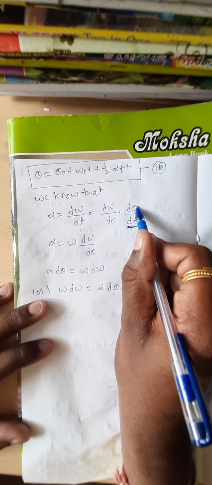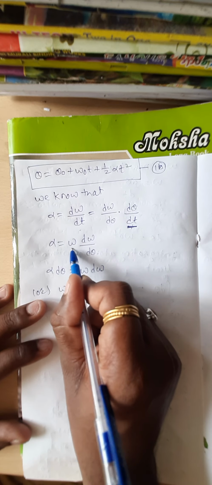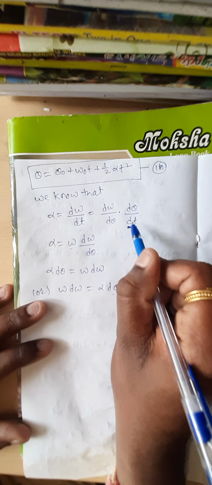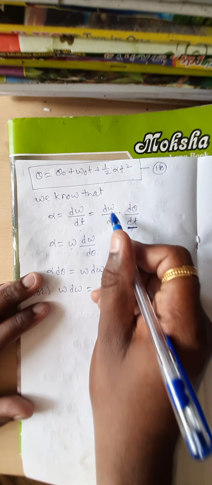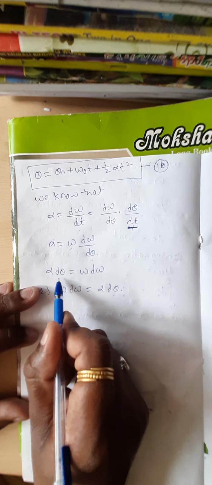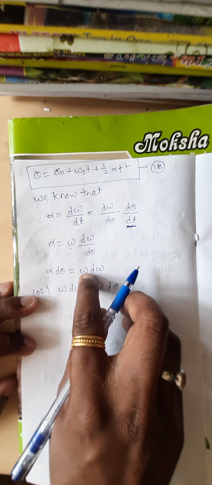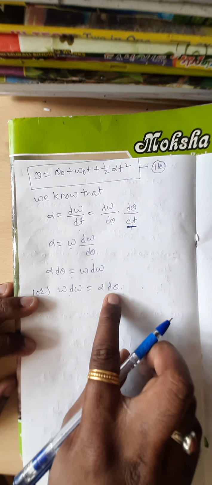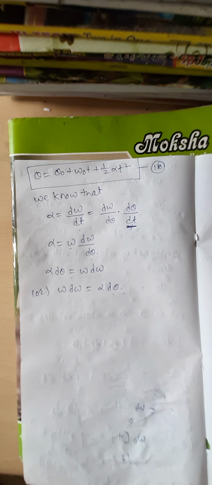Then d theta by dt is nothing but omega, so in place of d theta by dt we write omega. Therefore alpha is equal to omega into d omega by d theta. Taking cross multiplication, alpha into d theta is equal to omega into d omega, that is, omega into d omega is equal to alpha into d theta.